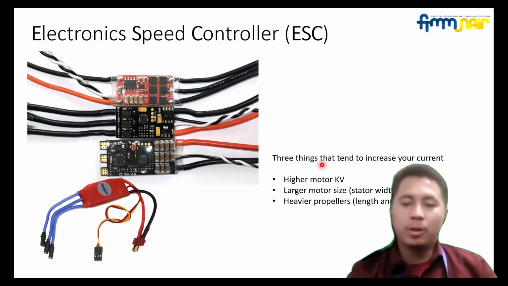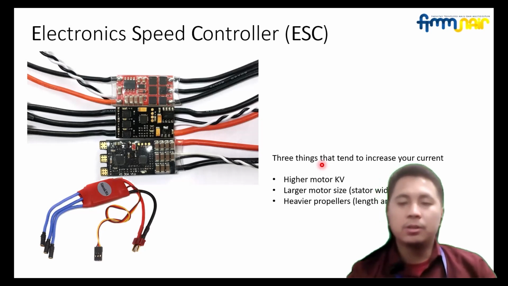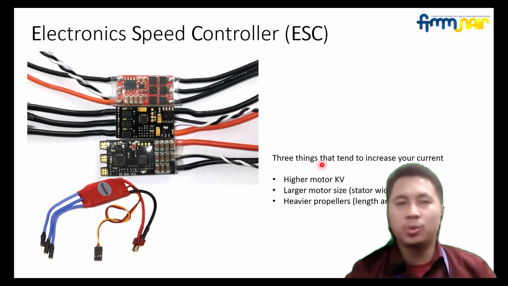And heavier propellers also draw higher current. The key point in deciding the electronic speed controller is the current drawn on one rotor or one motor.